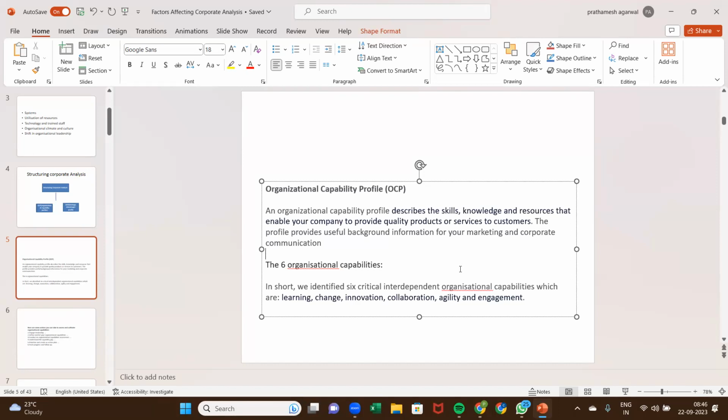So this becomes a key result area where strategists have to pay attention. The key result areas are those factors which would help us to fulfill the organizational goals. Now just see. An organizational capability profile describes the skills, knowledge, and resources that enable your company to provide quality products or services to the customers.